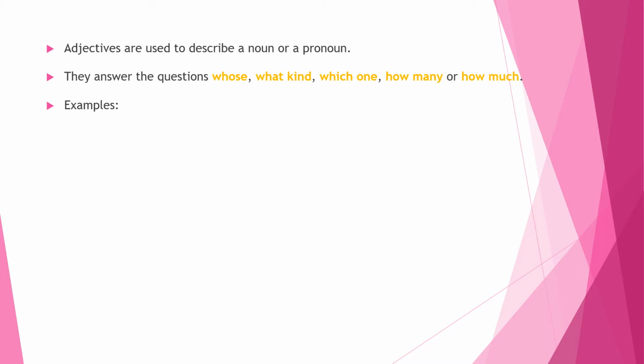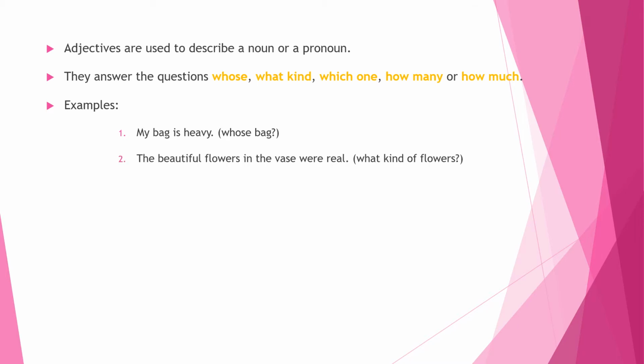Let us see few examples. First example, my bag is heavy. Here in this sentence, whose bag is heavy? My bag. My is an adjective in this sentence which is answering the question whose.